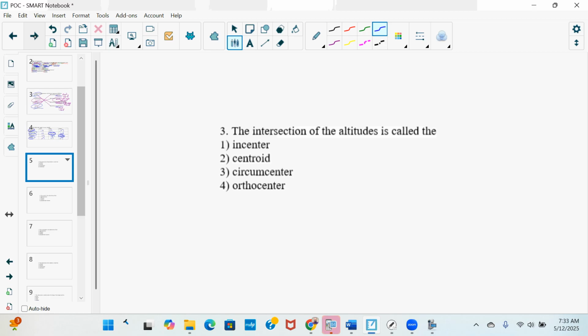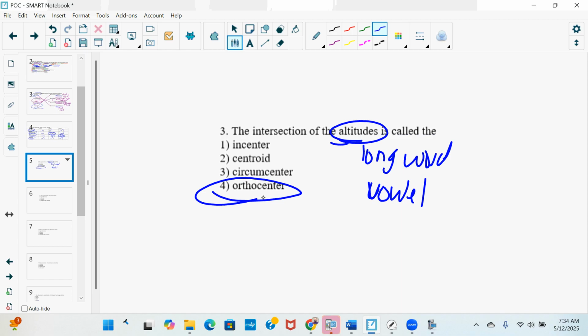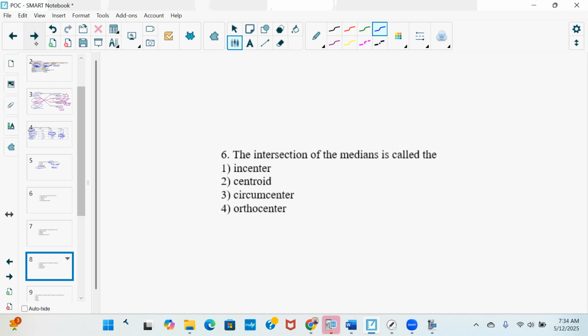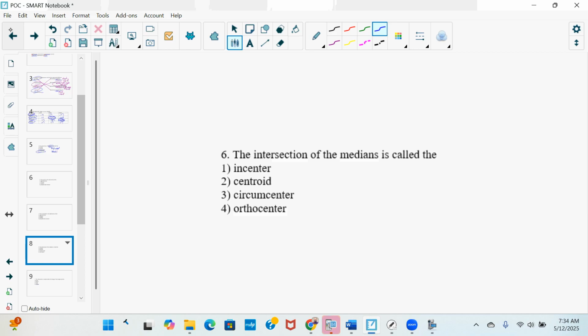I'll do a couple. The intersection of the altitudes is called, well, right angles, long word, vowel, orthocenter. Medians, non-right angles. So it's got to be a short word.